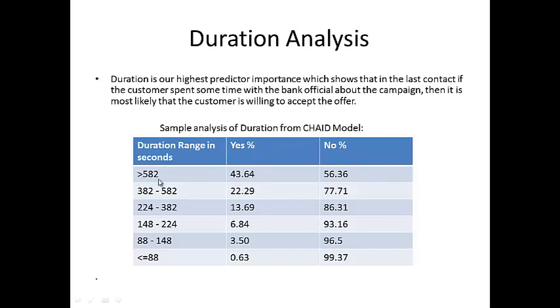The success rate, meaning the customer is willing to take the term deposit, is higher for the higher range values of duration. As the duration value decreases, the willingness of the customer to accept the offer decreases.